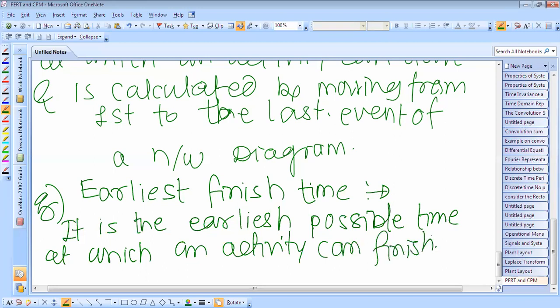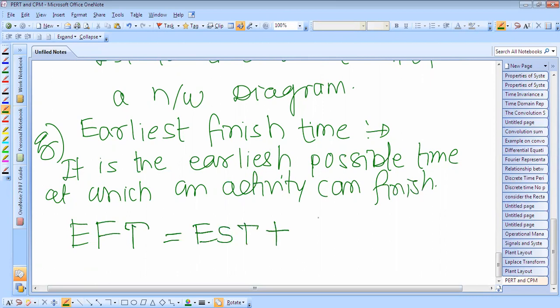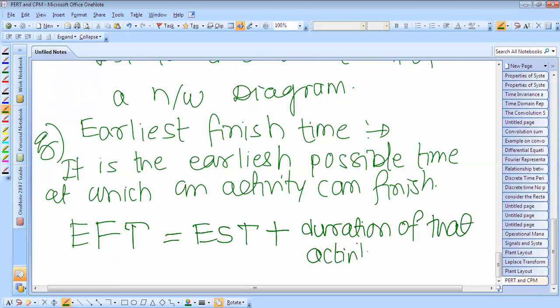So the earliest finish time is equal to the earliest start time plus the duration of that activity. That is the earliest finish time.